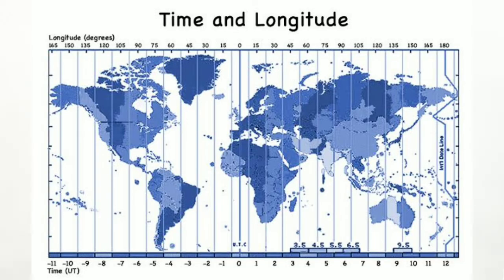In the same manner, the places which are westwards of the prime meridian have the time 1 hour back, or we can say that they receive the sunlight later. So the time on the eastward is 1 hour ahead and on the westward is 1 hour retarded.